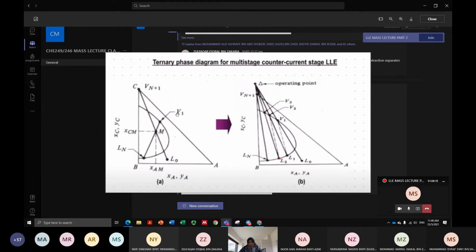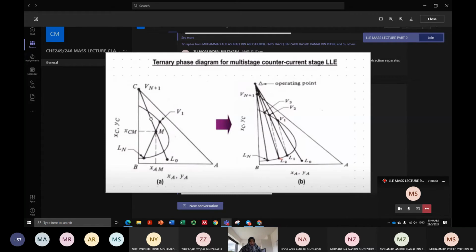V1 is also your product, called the extract. Your product undergoes the process, and if it is mentioned that they reach equilibrium, then V1 and Ln must be plotted on the equilibrium curve.